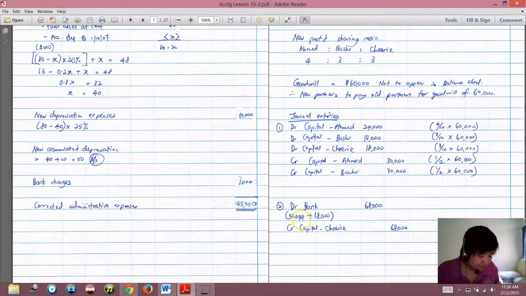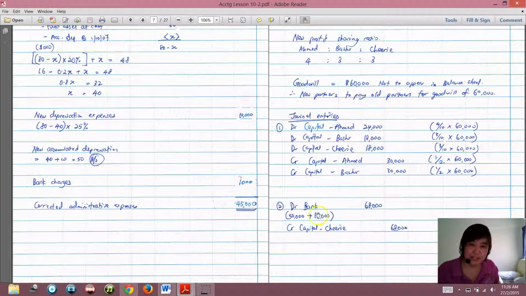So Cherry will pay 50,000 plus her share of goodwill, which is 18,000. That means Cherry will pay 68,000 to the company bank account. So we credit capital Cherry 68,000. This is what Cherry paid.